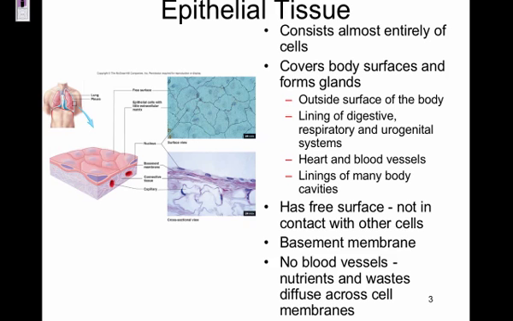The blood vessels are all in the connective tissue, and so all the nutrients and waste of the cell have to diffuse across the cell to get into or out of the blood. All of your organs have this kind of tissue.